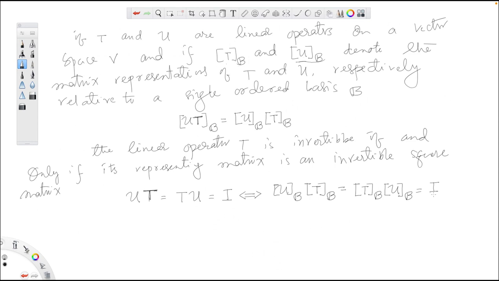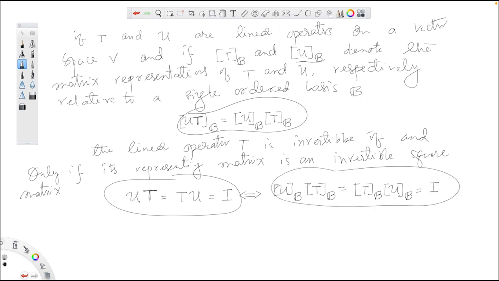Okay, so both are denoted by the same symbol, I. So this implies that this is equivalent to this thing.